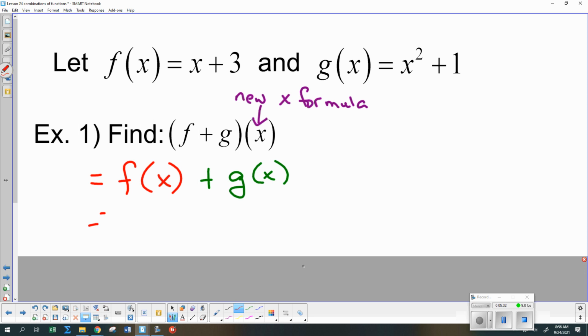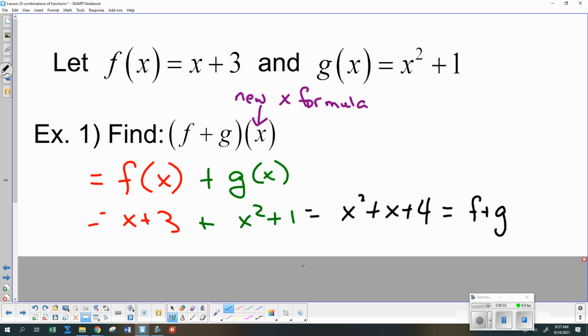So we simply copy the x plus 3 plus the x squared plus 1. And then we say, oh, do I have any like terms we can combine, and let's put this in standard order. So we have x squared plus x plus 4, and that's our new rule for f plus g of x.